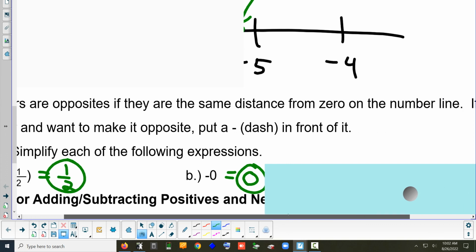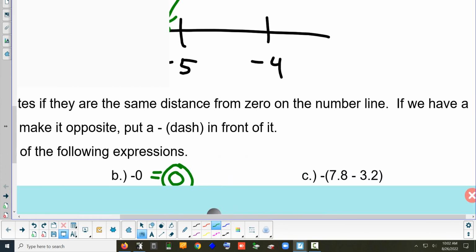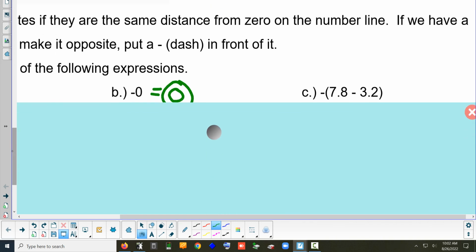And how about this one? It says negative, and then in parentheses, 7.8 minus 3.2. This kind of ties in what we did yesterday.